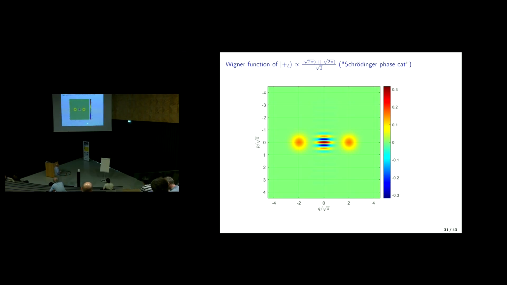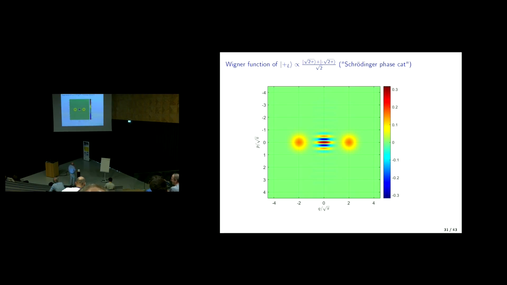Typical physicists say that it is a cat with 2 legs here, and here it is the moustache of the cat. And imagine that you have diffusion. Diffusion will kill this, because the positive fringes are very close to the negative ones. And if you take a cat of large amplitude, you put, instead of 2, 4, for example, you will see that the fringes become narrower and narrower, but they are very close to each other. So you are not robust.